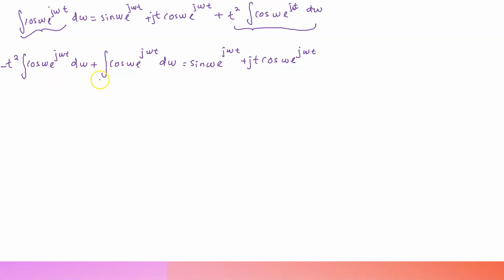Okay, and if we simplify, we get 1 minus t square times the integration of cos omega e^{jωt} dω.